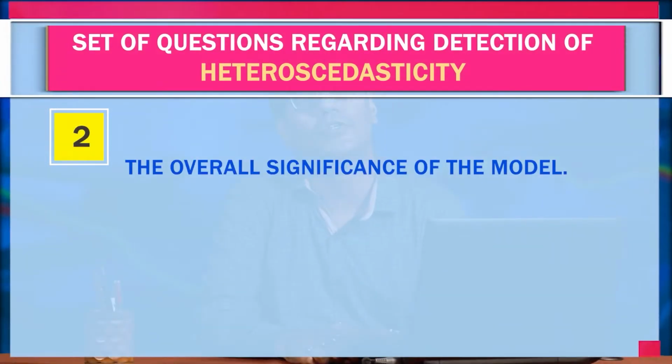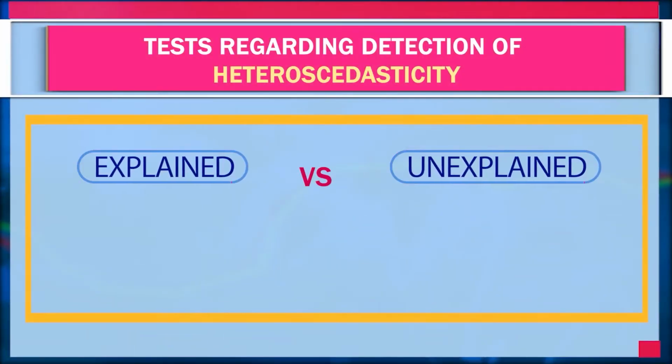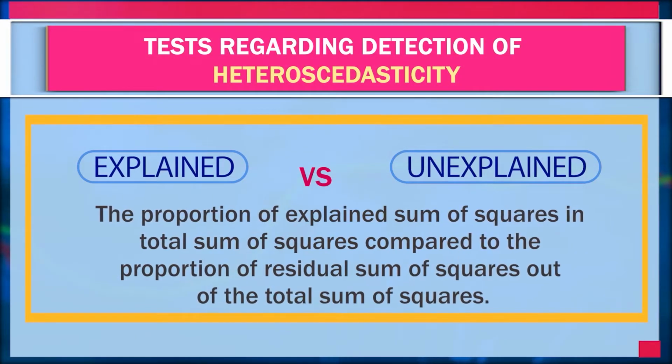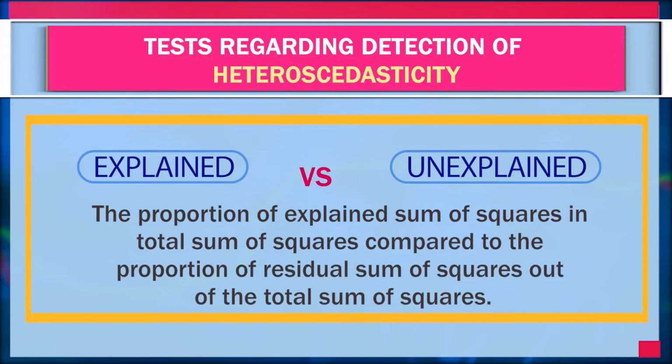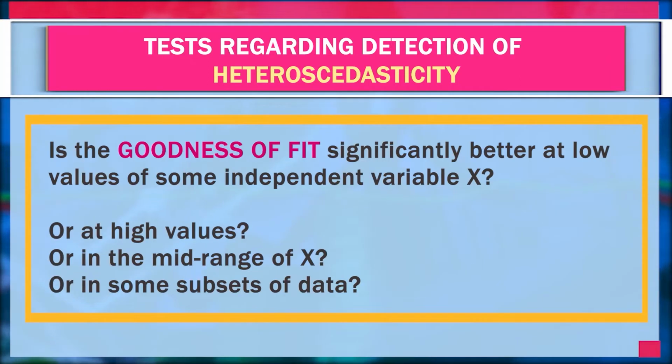Secondly, the question on the overall significance of the model. In the normal OLS method, the overall significance of the model is explained by the goodness of fit, that is, the percentage of explained versus unexplained. That is the proportion of the explained sum of squares in the total sum of squares, compared to the proportion of the residual sum of squares out of the total sum of squares.